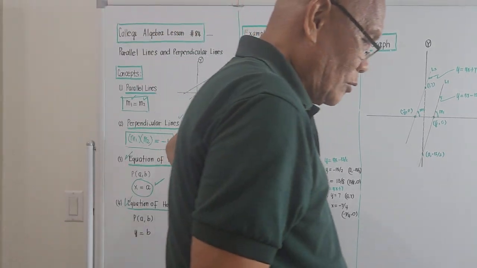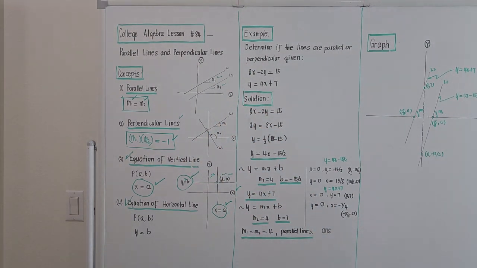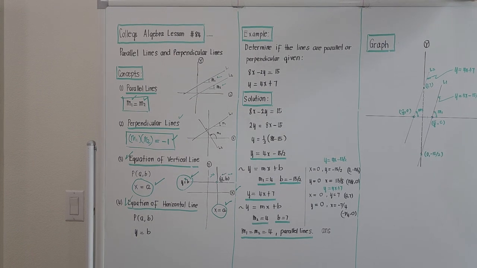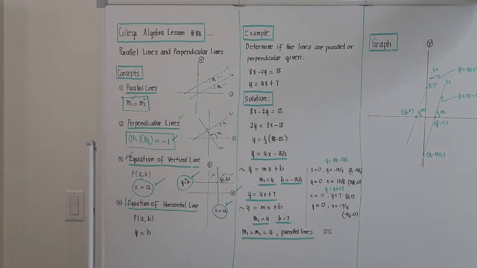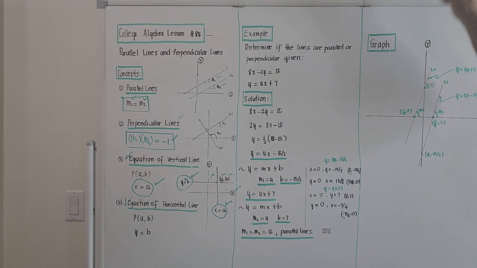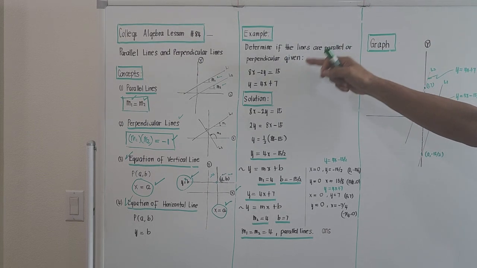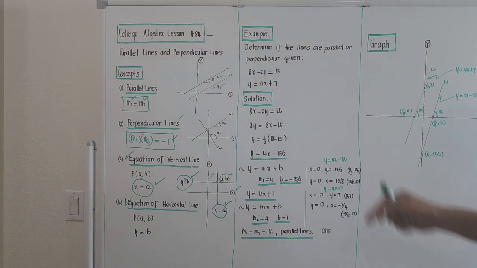Okay, let's try to bring out an example problem. This is just an easy one. It is just very tedious, very tiring, because in order for us to graph it, we try to be systematic. Okay, determine if the lines are parallel or perpendicular, and we are given two linear equations.